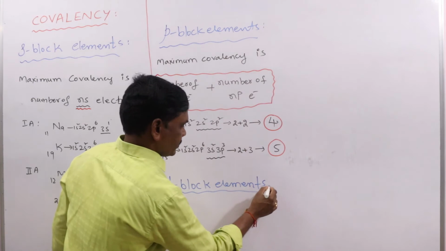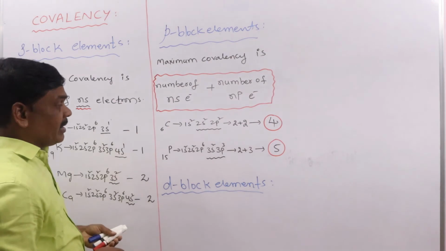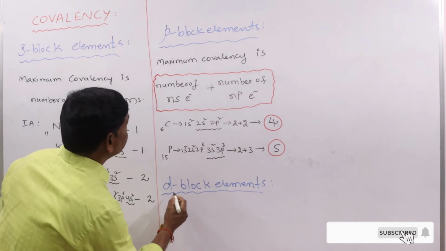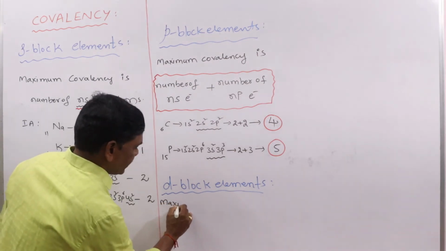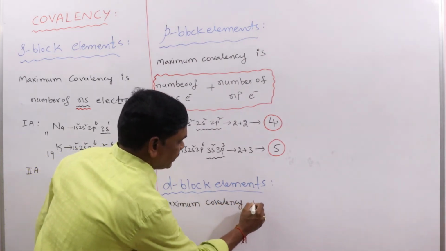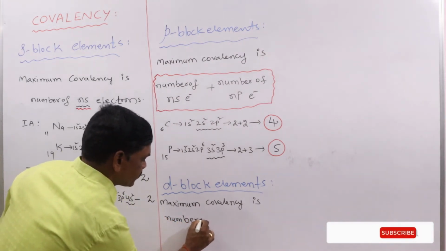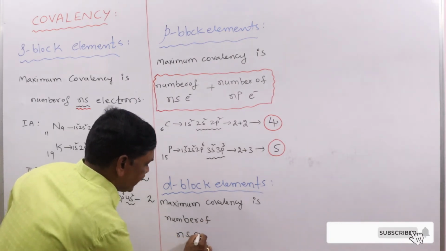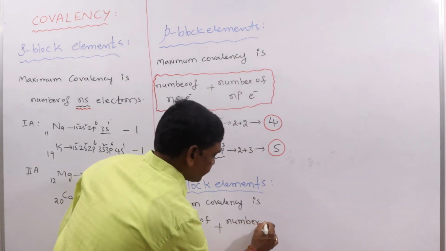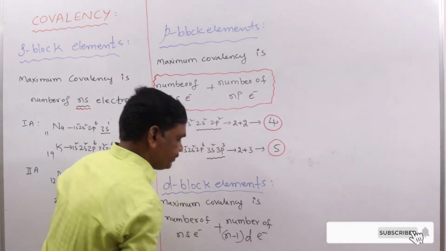For d block elements, the formula for calculating maximum covalency is the number of ns electrons plus the number of n minus 1 d electrons.